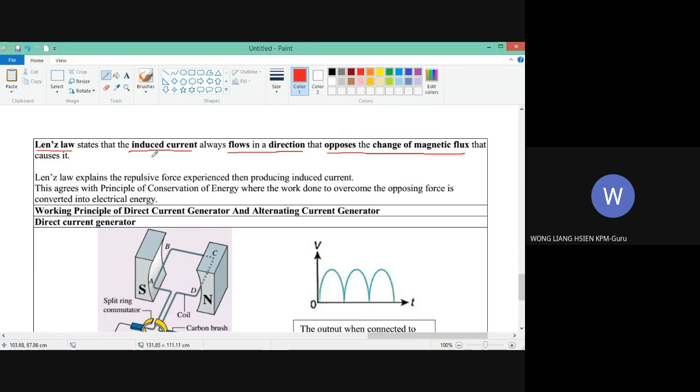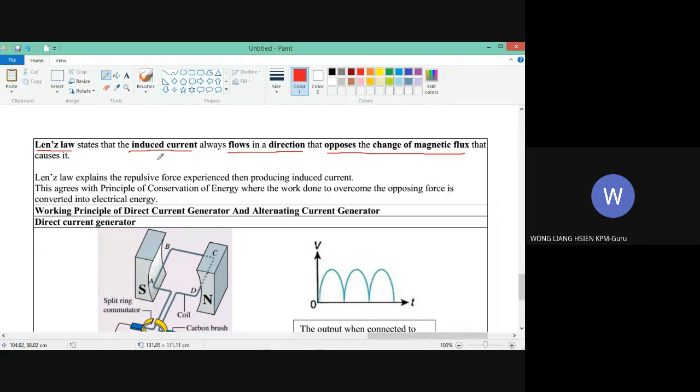Get the idea? It is as though the magnetic flux doesn't want to have changes. So if you disturb the magnetic flux, it will produce the induced current that produces a magnetic field that opposes the changes.